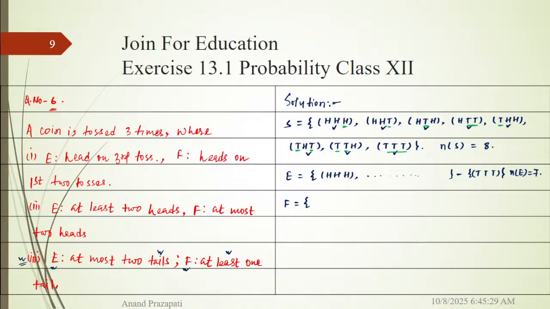So we write down except all element HH. So 1, 2, 3, 4, 5, 6, 7. So F has also 7.